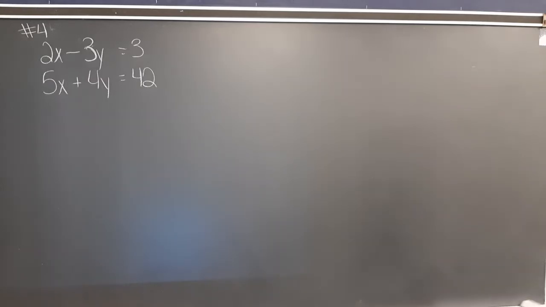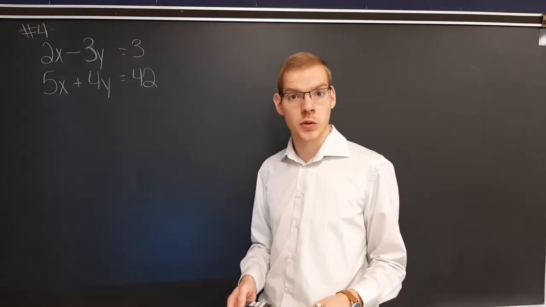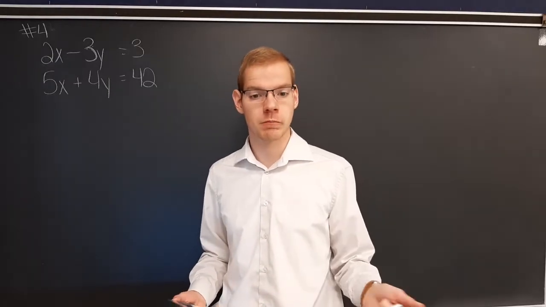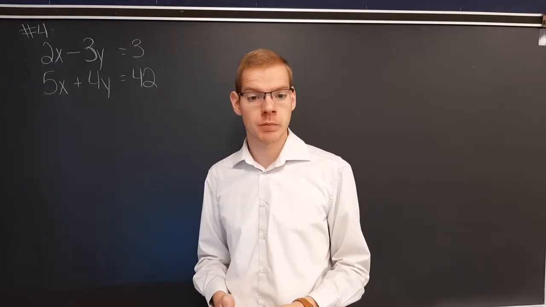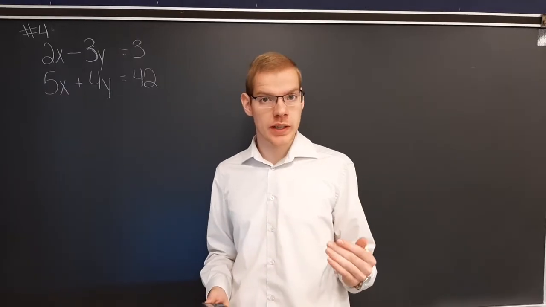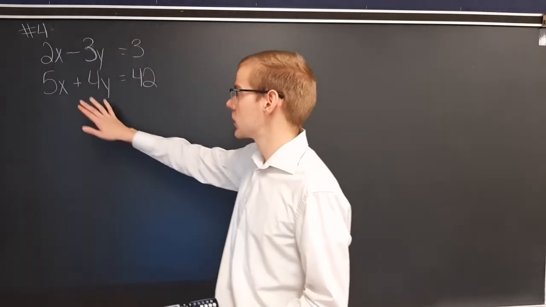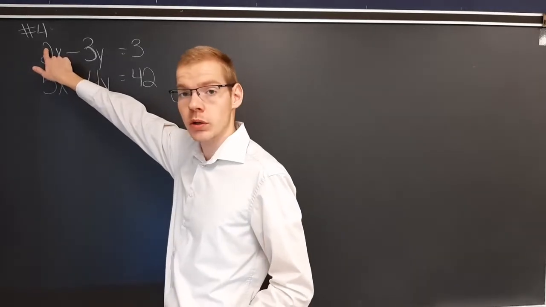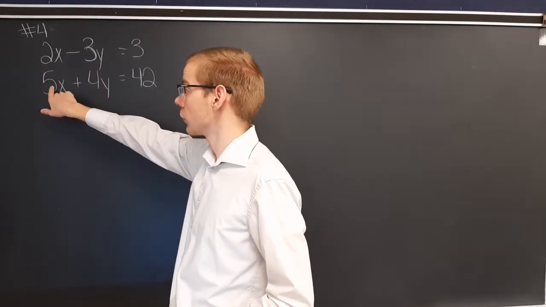So instead of doing number 2, I decided to do number 4 because number 2 is the same as number 1 and so is number 3. But number 4 is slightly different, where you see that if you multiply this by any whole number, you will not get 5.